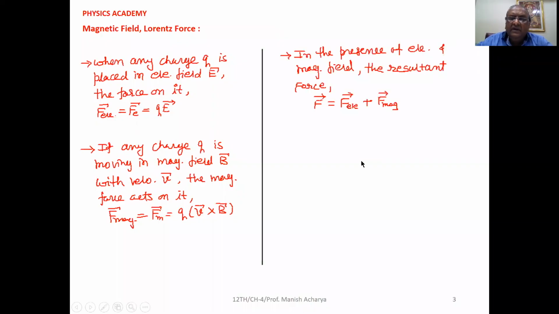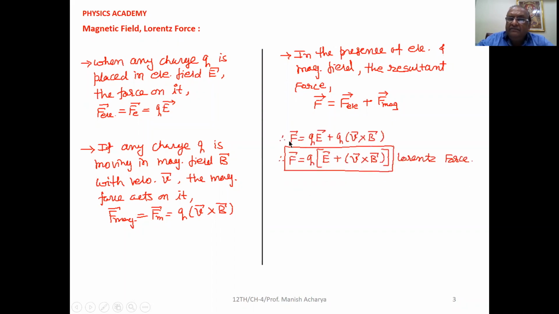Now, if electric field and magnetic field both are present and the electric charge is moving in these fields, at that time the resultant force acting on it is equal to the vector summation of electric force and magnetic force.